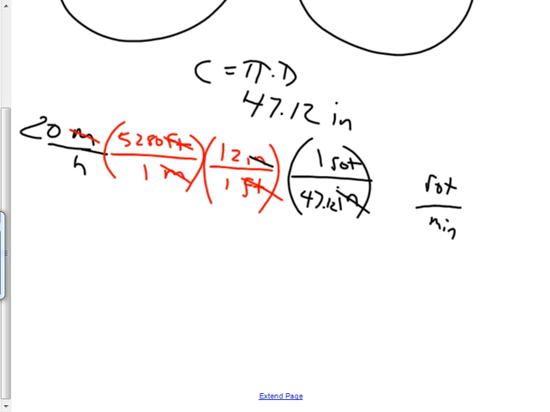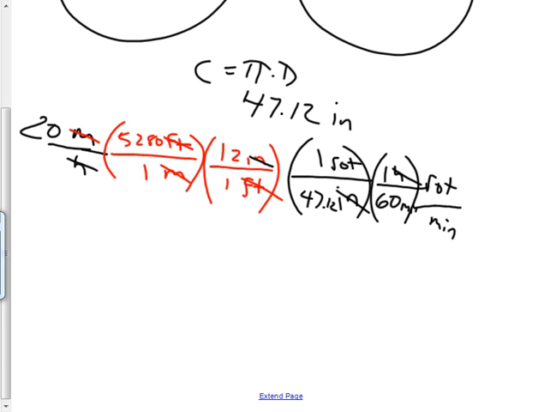Now I got rotations per hour. I'm so close. I just got to change my hours to minutes. 1 hour is 60 minutes. That made my hour canceled, and now I'm down to rotations per minute. Could I make it rotations per second? Yep, I could just do one more little factor in there.